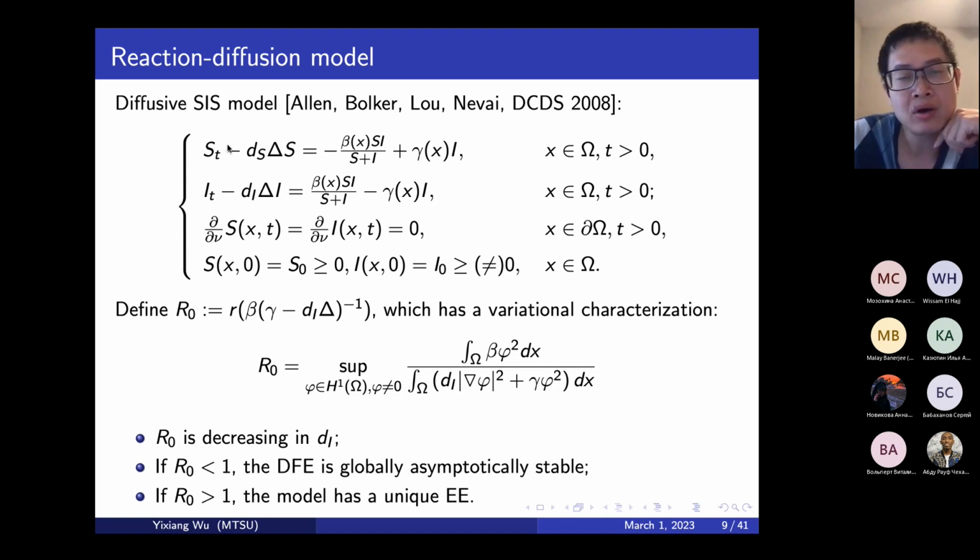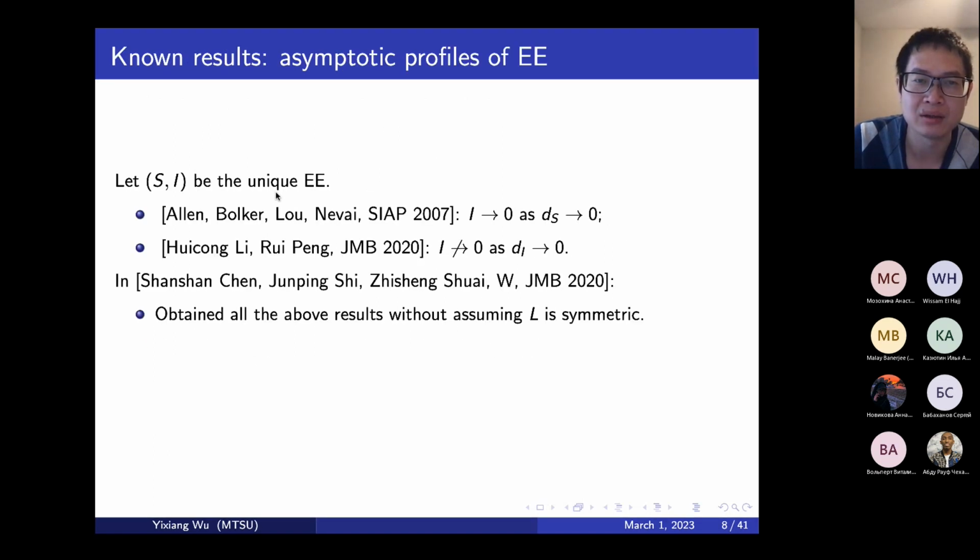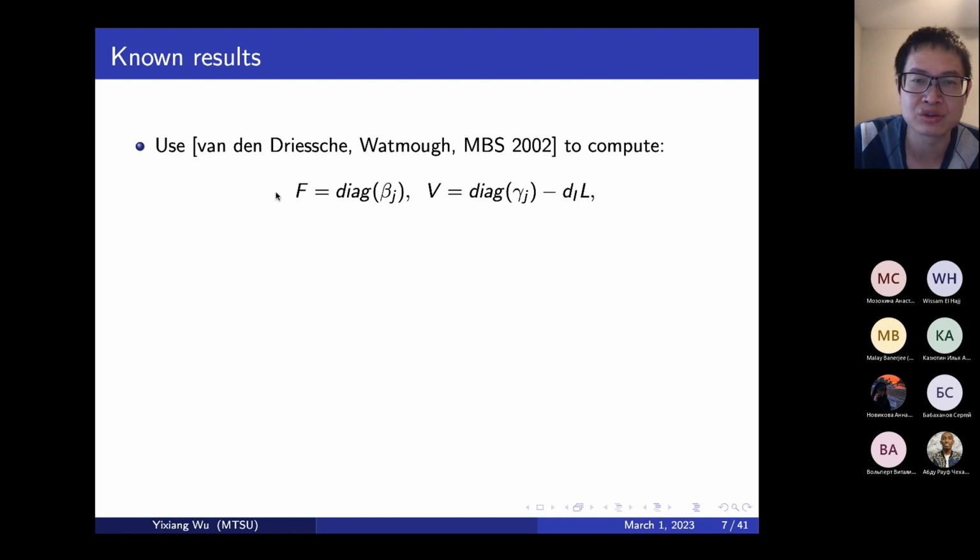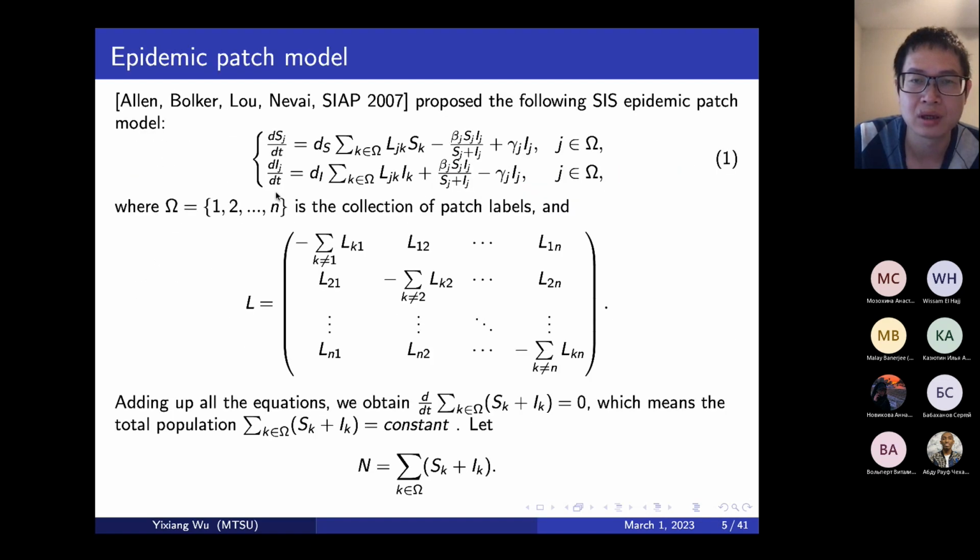We can also use reaction diffusion models to study the spread of disease in space. Here, this version of the reaction diffusion model can be thought of as the continuous version of the patch model, especially when L is symmetric.